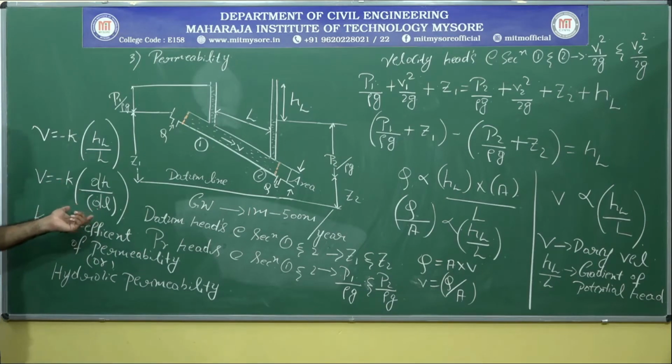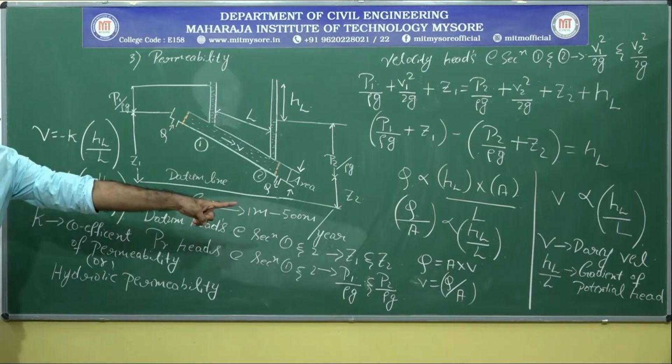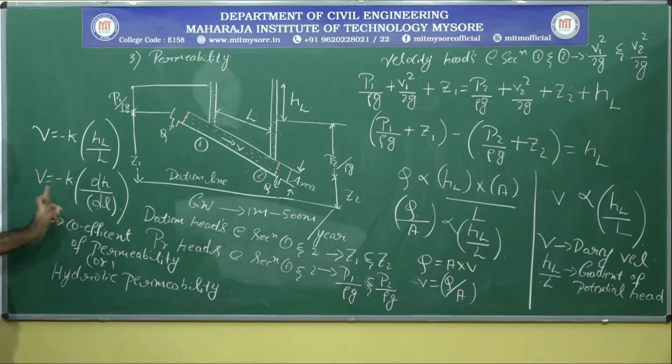Am I clear? So, this V is called Darcy's velocity and this K is called hydraulic permeability, or you can call it coefficient of permeability.